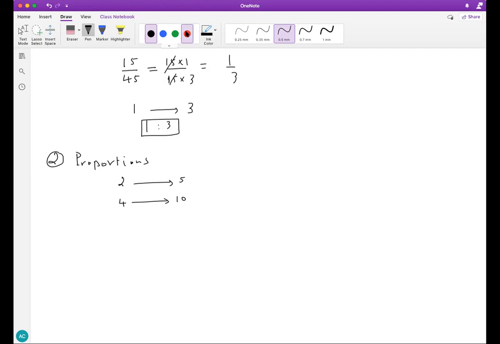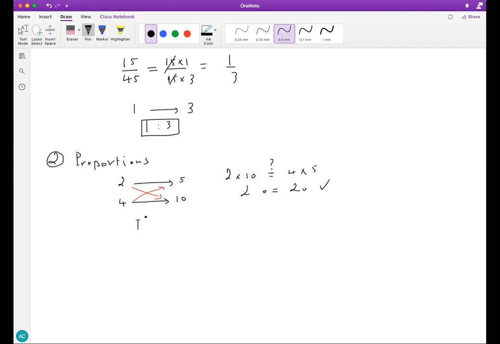So if you cross multiply 2 ratios, 2 times 10, is it equal to 5 times 4? So this is 20. It's also 20 here. So in fact these are equal. So you say these 2 ratios are in fact proportional.